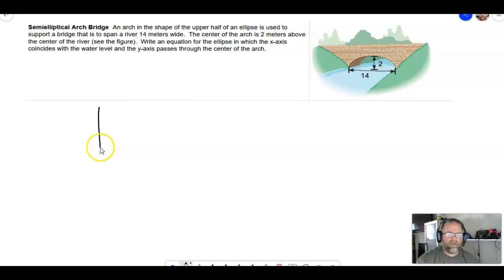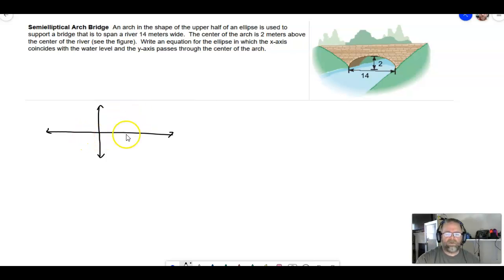If we go ahead and just do a graph, so if the x-axis coincides with the water level, that means it either needs to be the major axis or the minor axis, depending on whether or not this thing is stretched vertically or horizontally. So the way that we check that is the length that is greater is going to be the major axis.